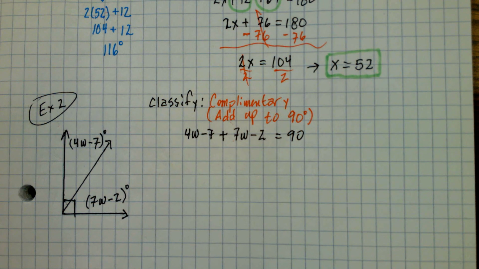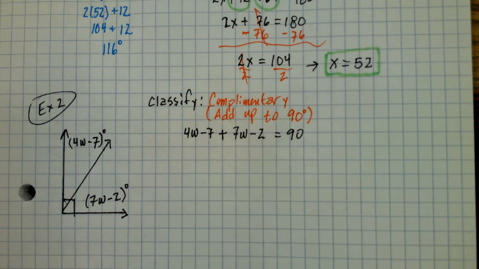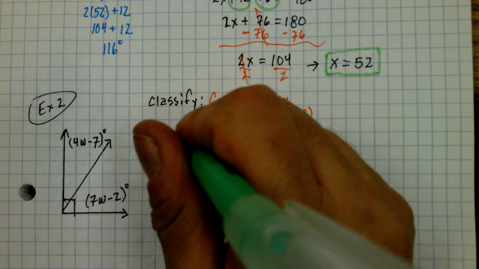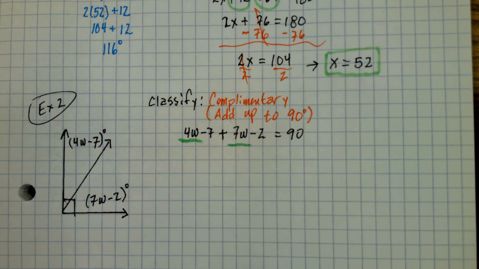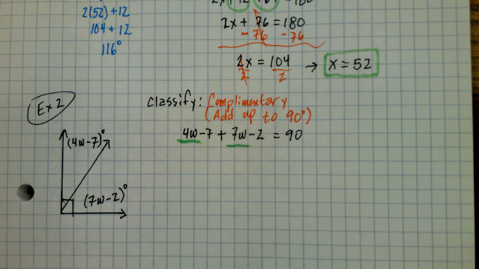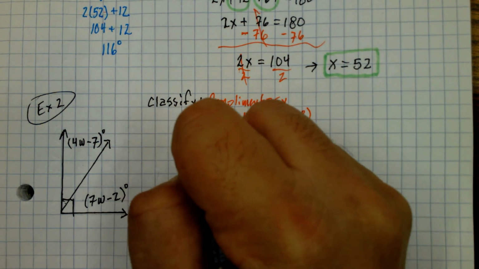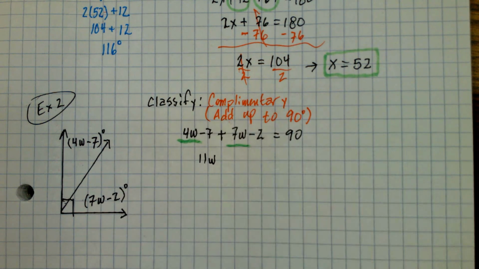Okay. So now we know this plus this equals 90. And we can solve it because we know how to solve. Okay, so let's combine 4w and 7w. That'll give us 11w. And is there anything else we can combine?